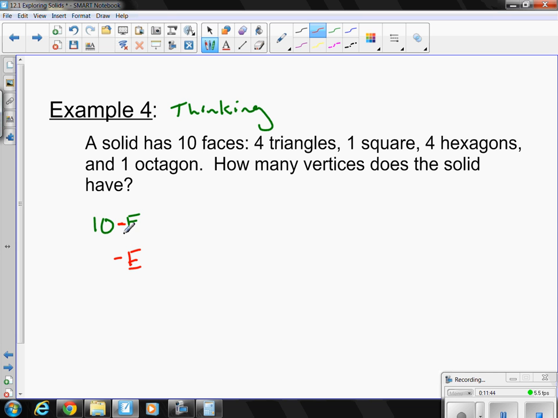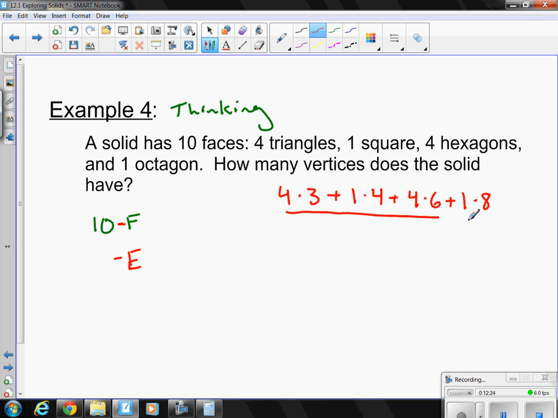Okay, so we know there's 10 faces. We're going to figure out how many edges there are next. So 4 times 3 tells me the number of edges on the triangles, plus 1 times 4 edges of the square, plus 4 times 6 edges on a hexagon, plus 1 times 8 edges on an octagon. But the problem with this is we double counted, right? Somewhere along the way, one of the edges on a triangle is going to share with one of these other shapes, or another triangle even.